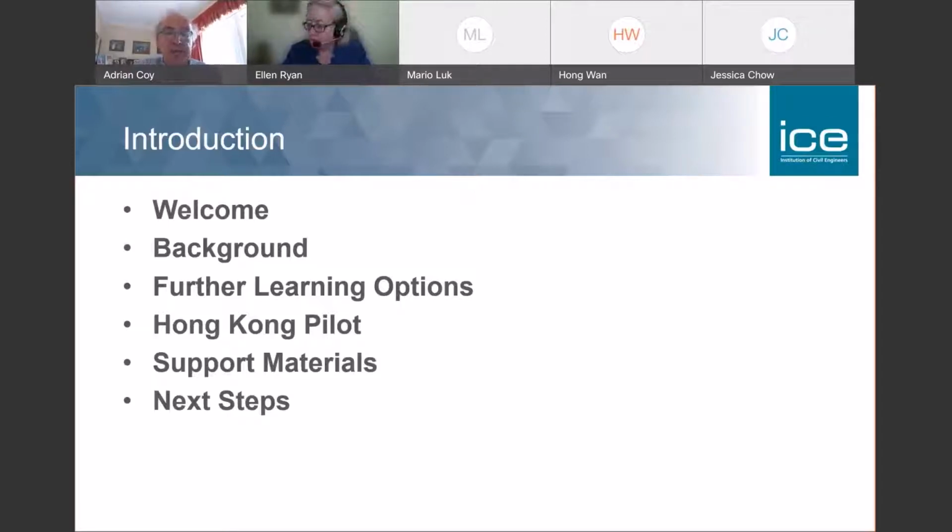The first is that we need to satisfy ourselves that candidates have the right education base. We then look at the record of initial professional development before candidates sit the professional review. And the process that we're going to talk about this evening is purely about the test for the educational base for a chartered engineer.